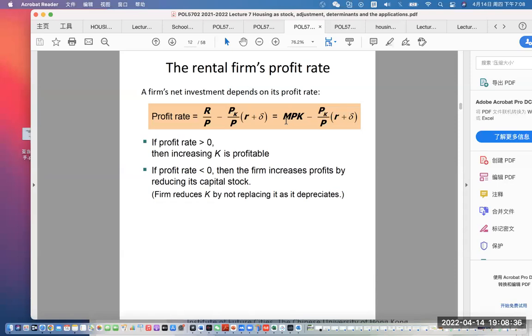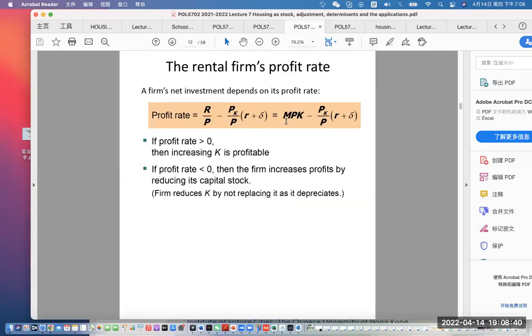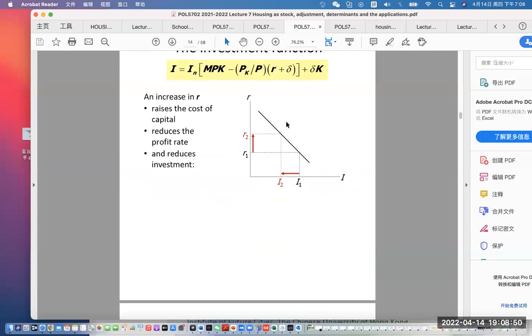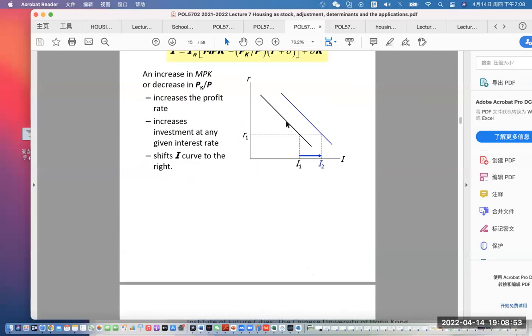And we're going to calculate the rental firm's profit rate. And when it is more than 0 and less than 0, how does it work? And the net investment will equal something, and then how does the investment function work?